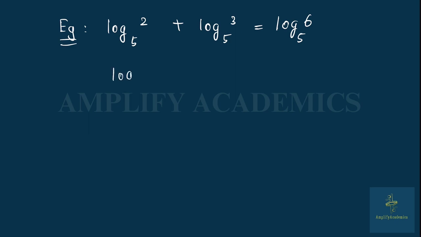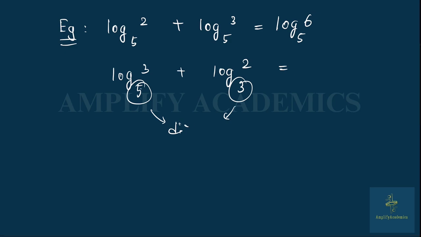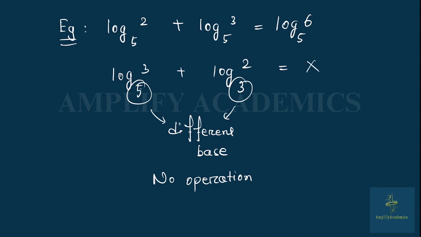And if you have different bases, let's say log base 5, argument 3, plus log base 3, argument 2, nothing's going to happen because their bases are different. So different bases, no operation. Nothing's going to happen.